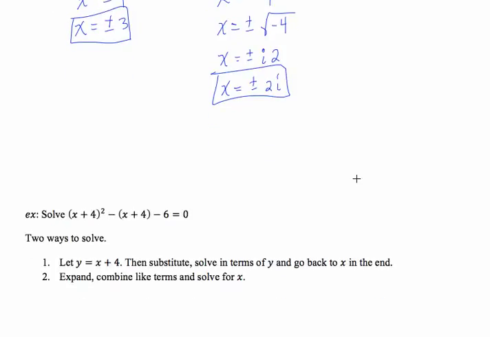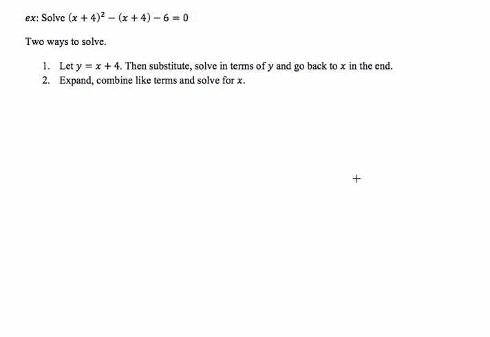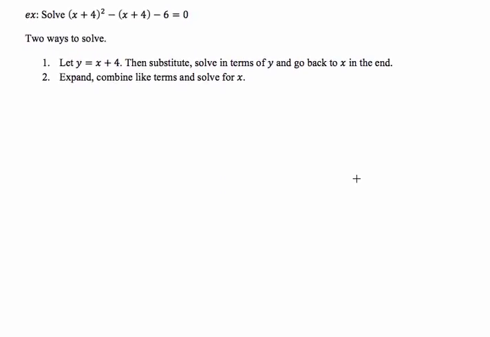Now this next example is somewhat similar in that, actually, this one is a quadratic, but it's written in a way that can help us to solve it more quickly than doing this method and expanding, combining all the like terms, and solving for x. Because it's written where you have something squared minus that same something minus 6. So what you can do is substitute in a new variable.